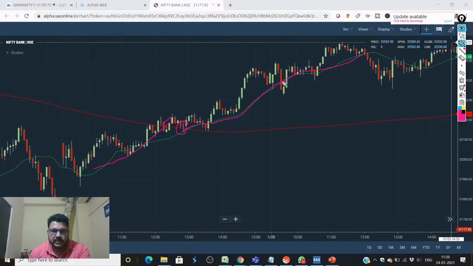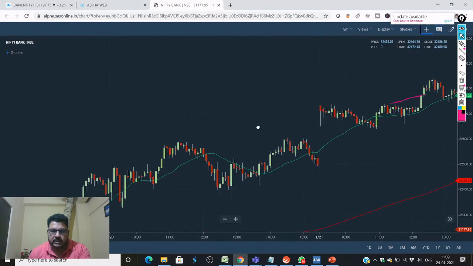So whenever there is a fall onto the 20 period moving average from this level, it's a buy. This was a buy, but later this changed. The trend changed here and the market went sideways for some time. But still it went up.